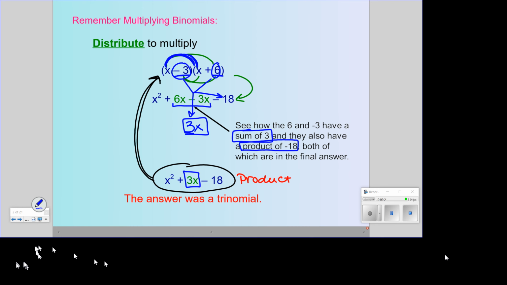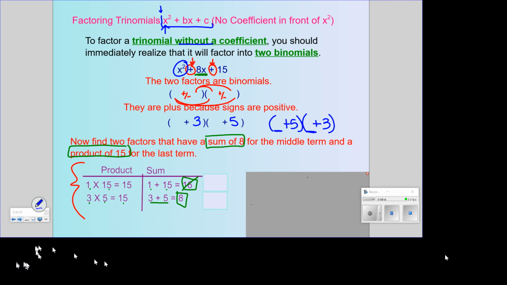We always did x times x, in this case, to give x squared. So to go backwards and break it down, what we could do is take the square root of x squared, which is x, meaning that when I multiply this term by itself, it will produce this x squared we were looking for.